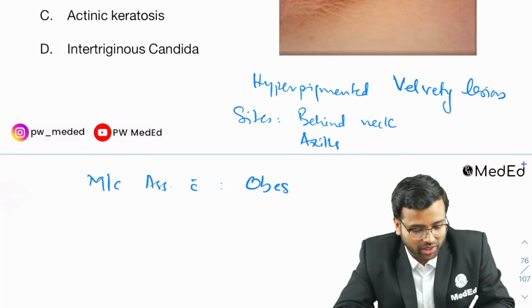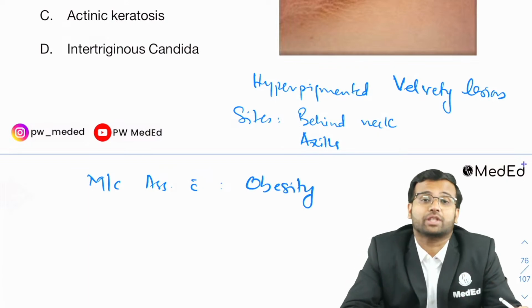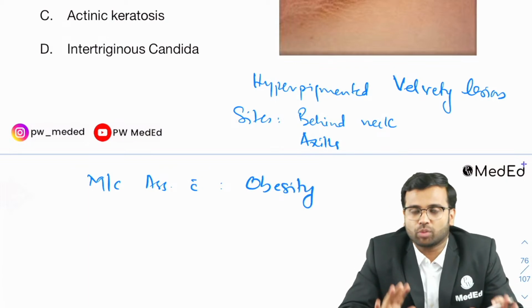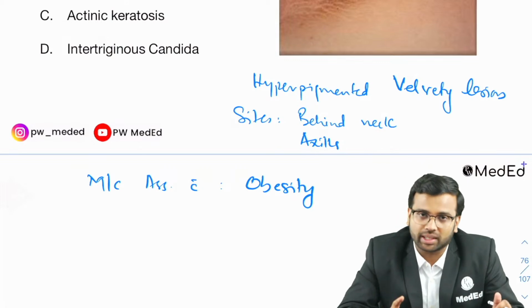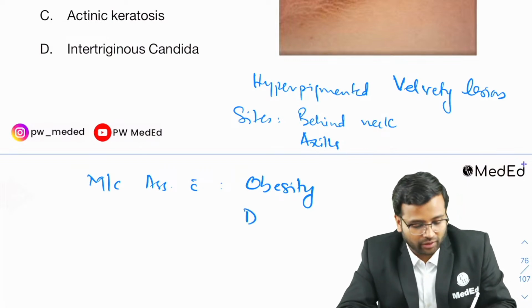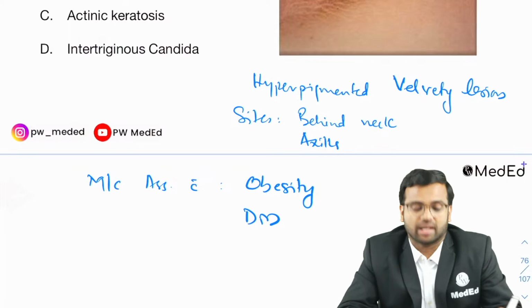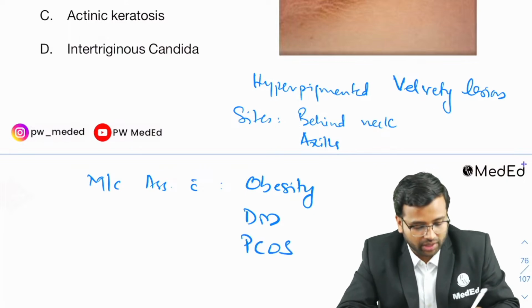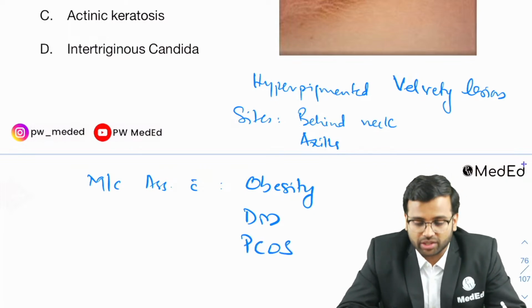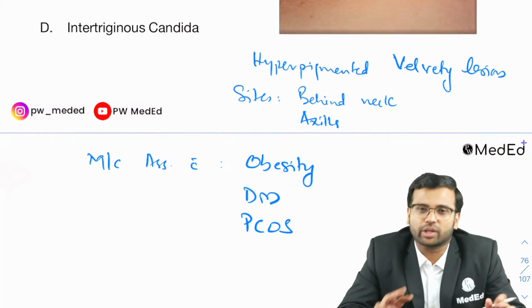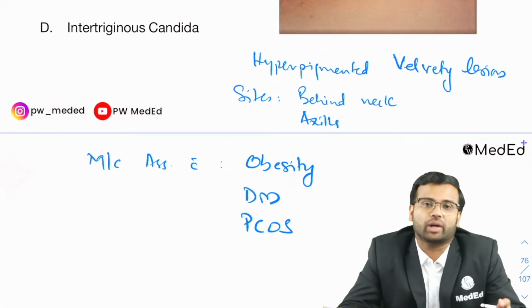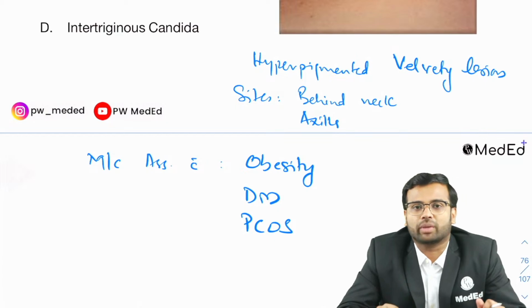The most common association is what is mentioned in this MCQ, that is obesity. It can also be associated with diseases like diabetes. It can be associated with PCOD or PCOS, polycystic ovarian disease, isn't it? So any hormonal imbalance or metabolic syndromes. So all these are the commonest associations.